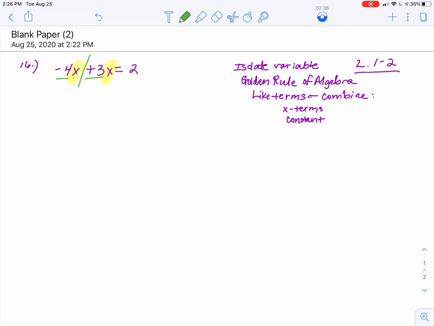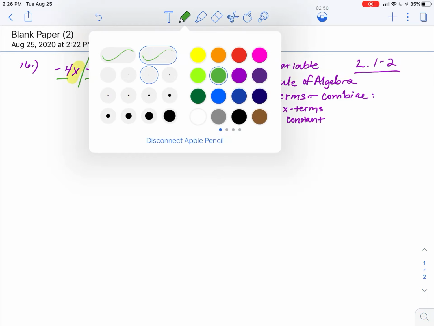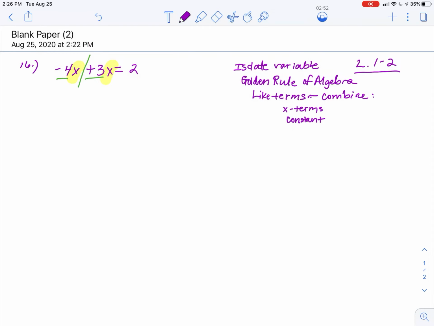And remember I said when you add numbers with different signs, you will subtract the numbers and keep the sign of the larger number. So in this case, we have negative 4 and 3. So I'm going to do 4 minus 3, and I'm going to get 1. And I'm going to take the sign of the larger number, which happens to be the 4 right here. So it's going to be a negative 1x equals 2.